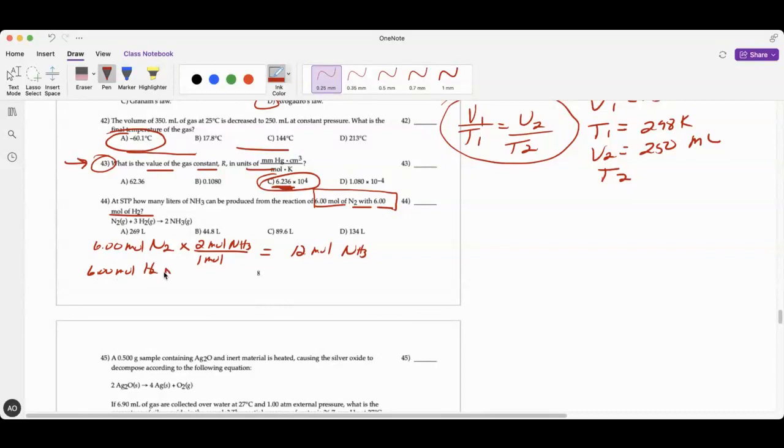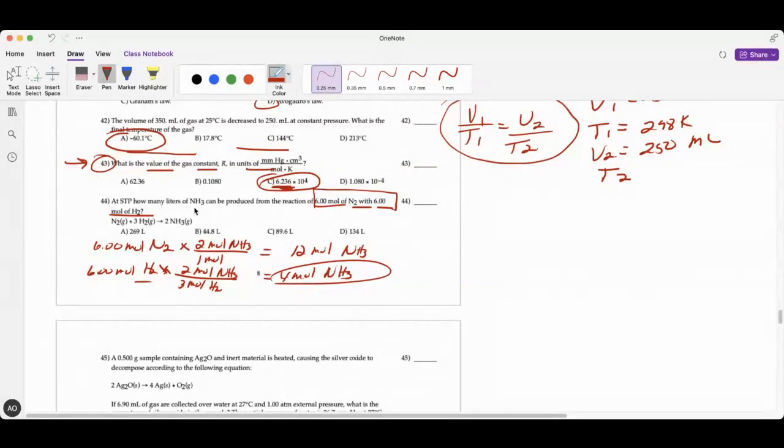This is actually a pretty good review here. 3 moles of hydrogen produce 2 moles of ammonia. So 6 times 2 is 12, divided by 3 is 4 moles of ammonia. So this is our limiting reactant. Our hydrogen is limiting, so the most we can make is 4 moles of ammonia.